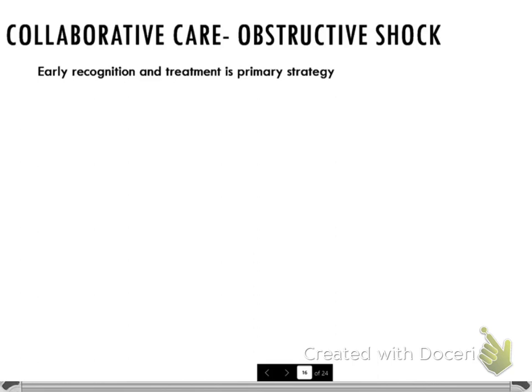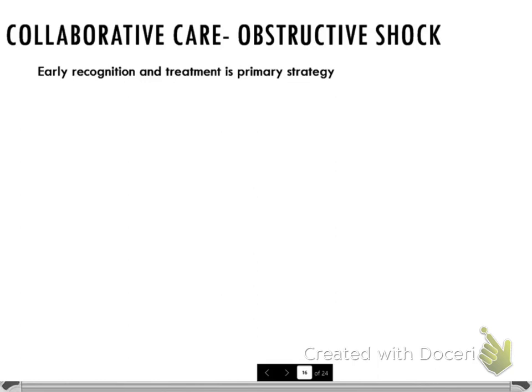Okay, so collaborative care for obstructive shock. Obviously, early recognition and treatment. Depending on what's going on with your patient, if it's a tamponade or a tension pneumothorax, you could be doing a needle decompression, where you're either letting out the air or the blood from the tamponade.